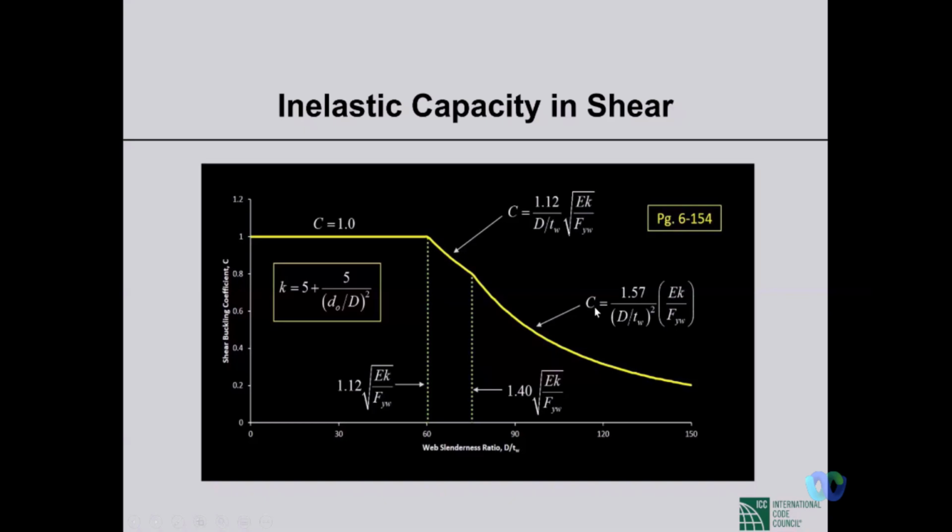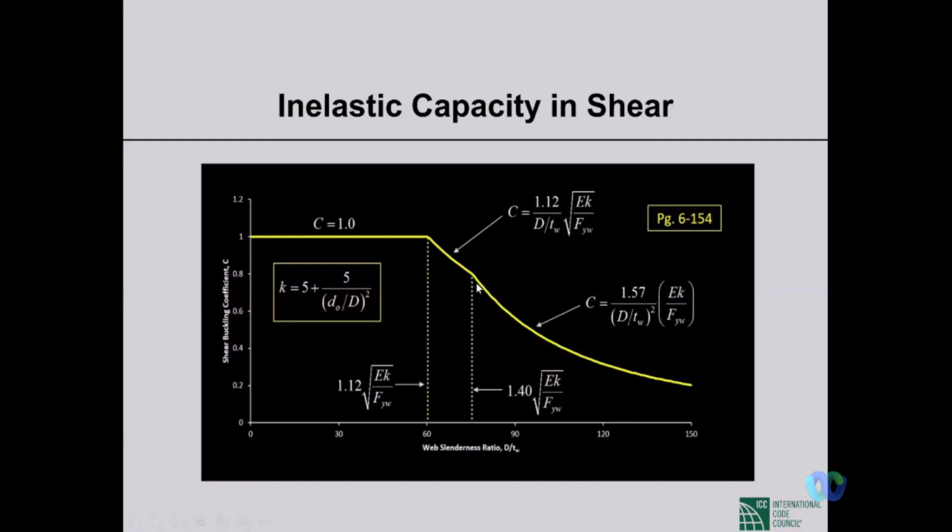C is 1 at the top, you see. So when C is equal to 1, that means you get the complete plastic capacity. And the other C's are reduction factors, what percentage of the plastic capacity you reach. So when it is elastic at the extreme right side, C will be reduced drastically depending on the slenderness ratio. In between there is a straight line.